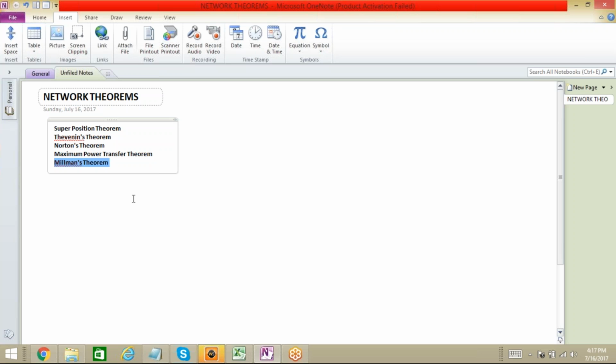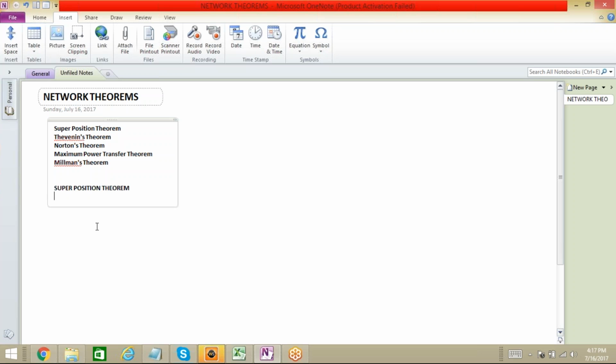Now let us discuss some details about the superposition theorem. The superposition theorem is unquestionably one of the most powerful in this field.